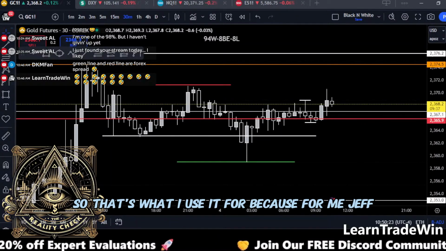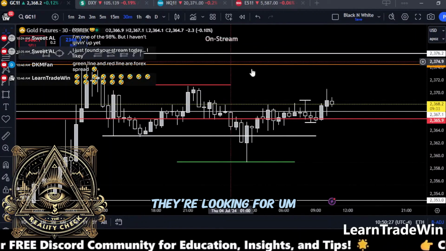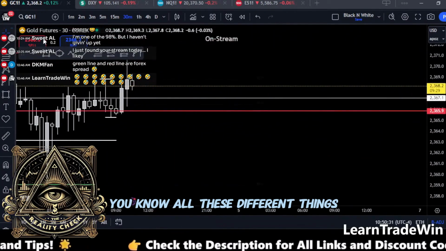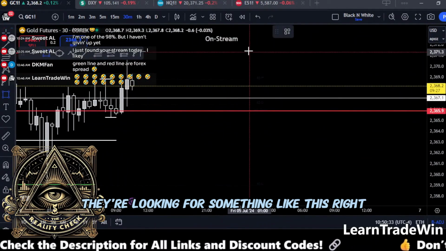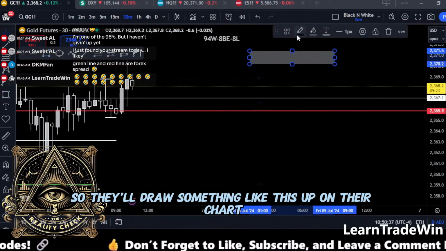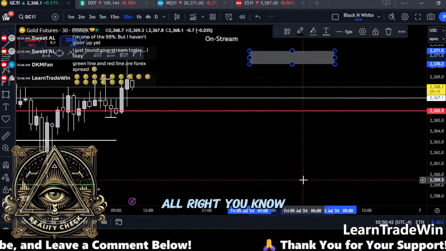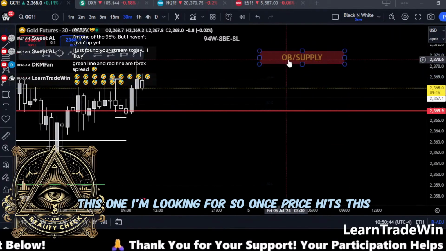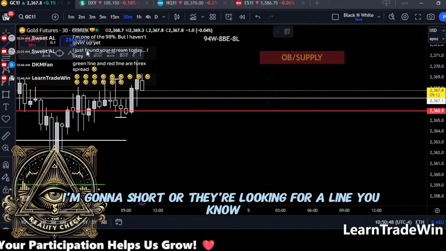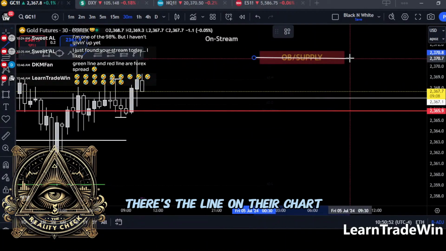Thing is, with most traders, they're looking for all these different things. They're looking for something like this, right? So they'll draw something like this up on their chart and they'll say, all right, this is what I'm looking for. Once price hits this, I'm going to short. Or they're looking for a line, here's the line on their chart.